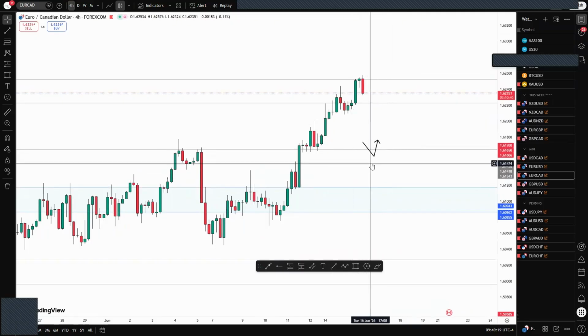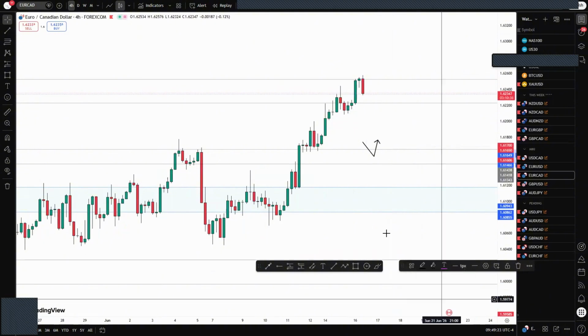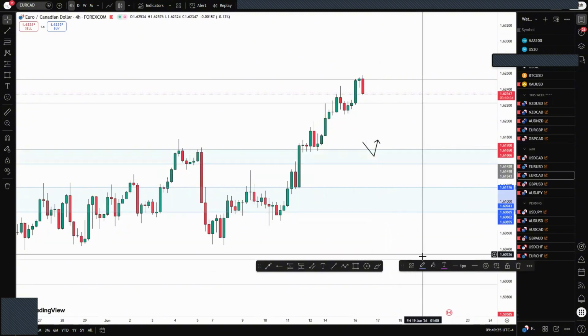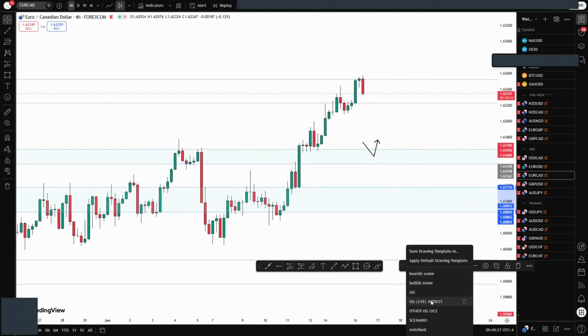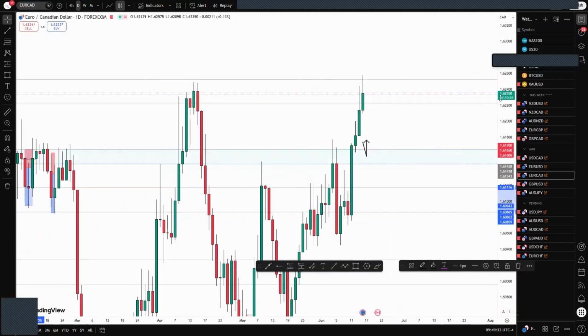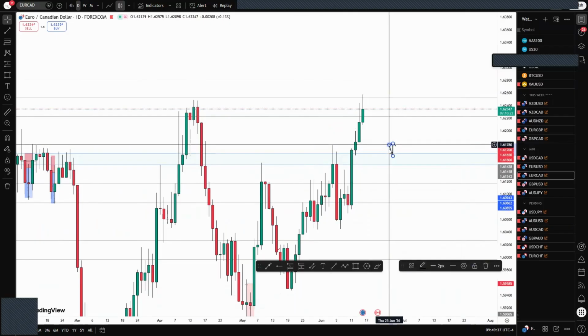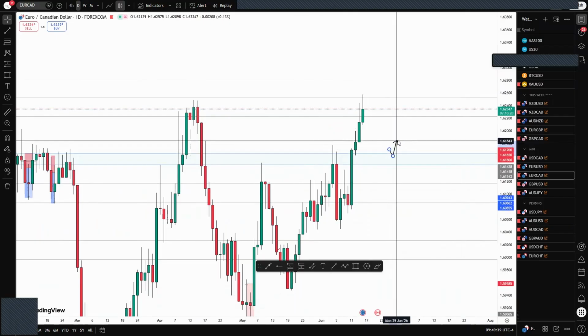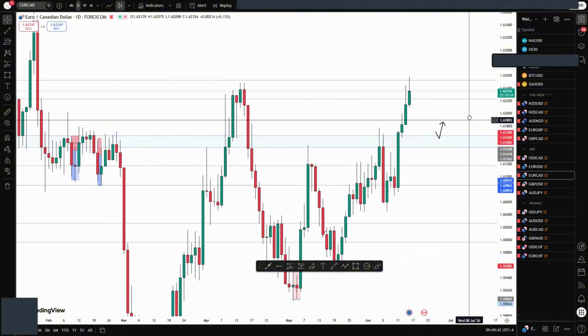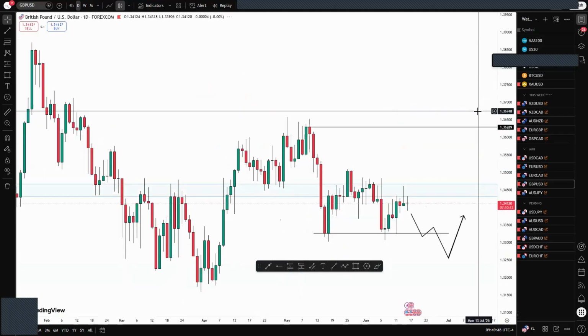But we need price to come back here. So this is what we need in the USD CAD pair. But we'll still be waiting on the Euro CAD pair.